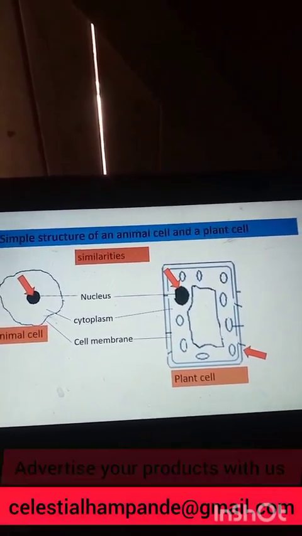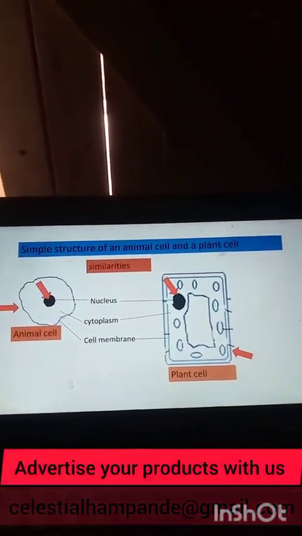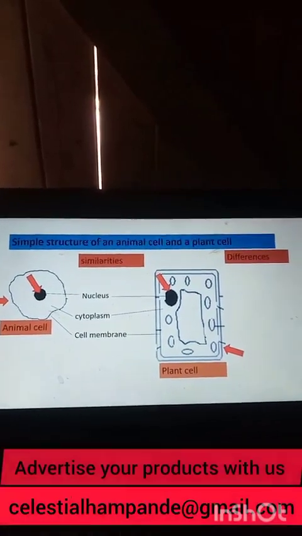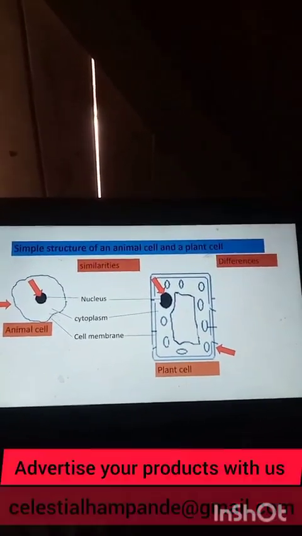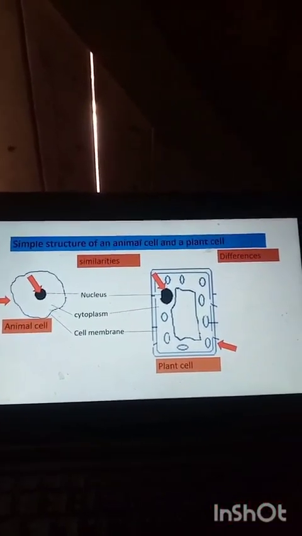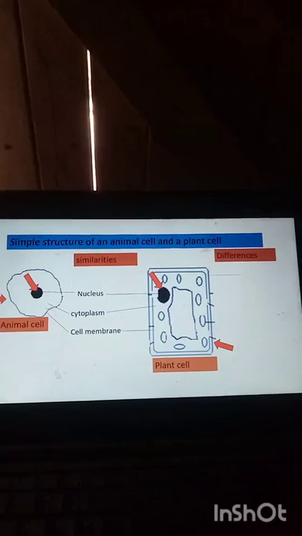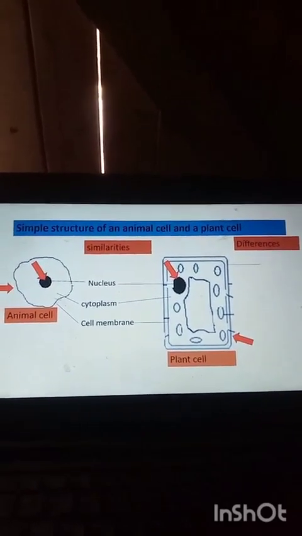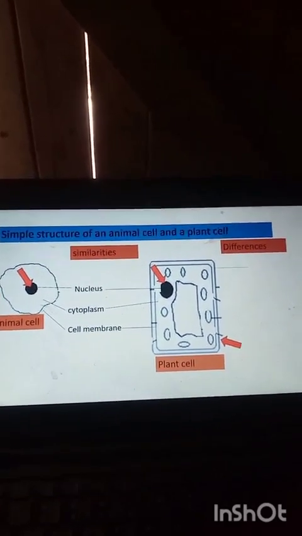Let's see the differences. Number one, as you can observe, there is a cell wall in a plant cell, but there is no cell wall in an animal cell.